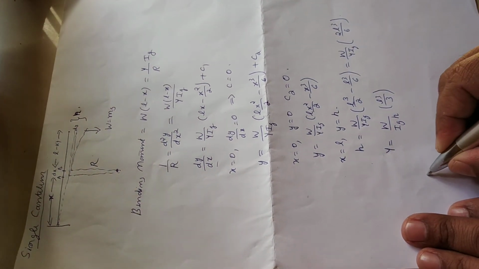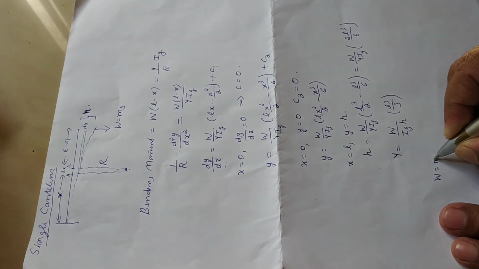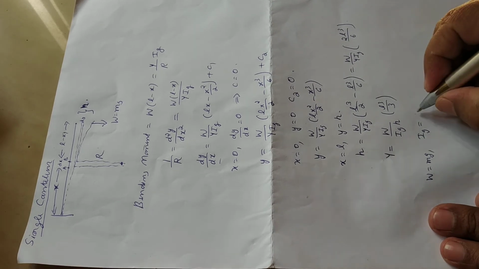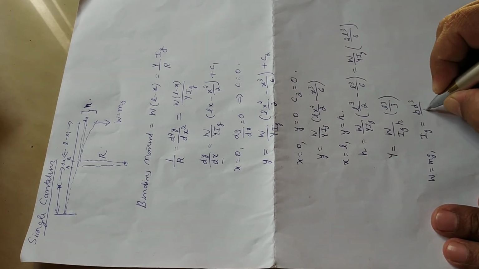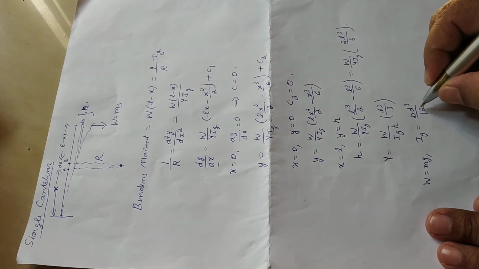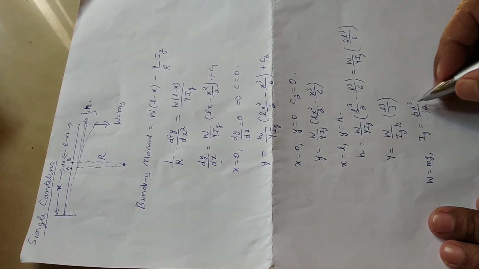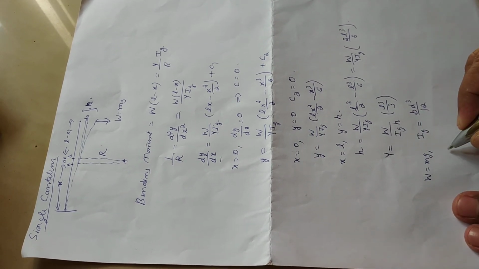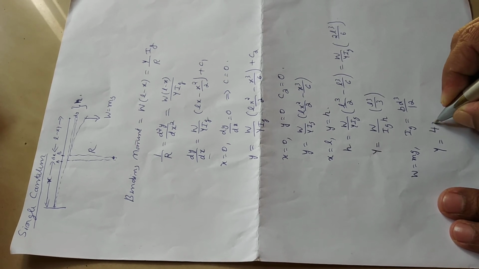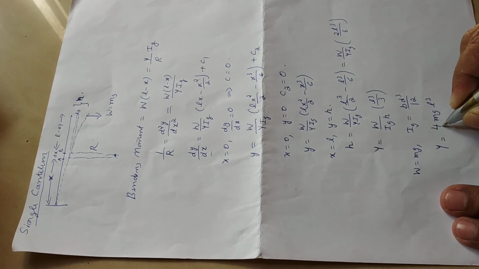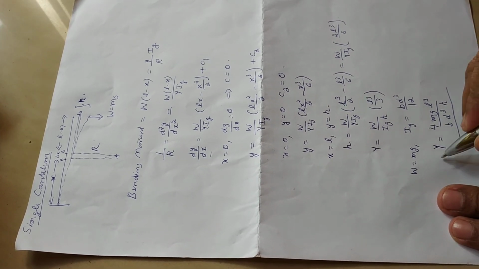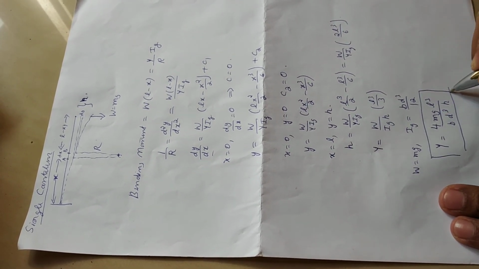Substitute here W, the load applied at the free end, that is mg, and the geometric moment of inertia for a rectangular beam is given by b d cube by 12, where b is the breadth and d is the thickness of the beam. If we substitute this in the equation, we get Y is equal to 4 mg L cube by b d cube h. So this is the equation for finding the Young's modulus of the cantilever beam.